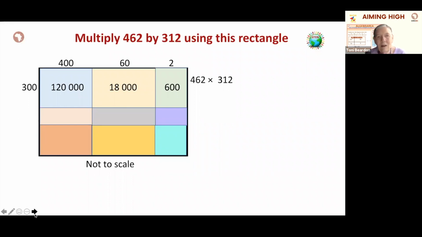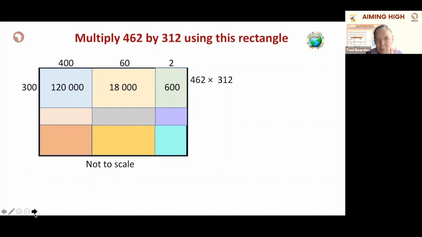But we're looking at 312. So you have more work to do to find the other 6 areas. And of course, you're only multiplying single digits. But here it's a wonderful way to reinforce ideas of place value, hundreds, tens, and units.